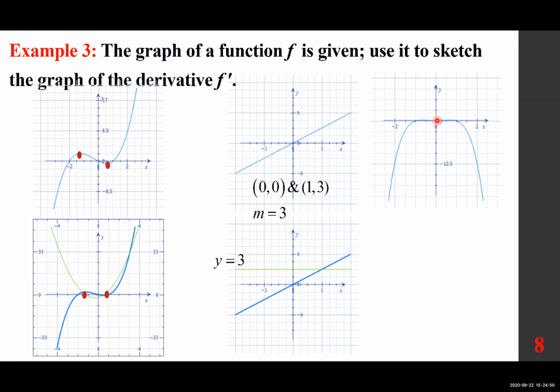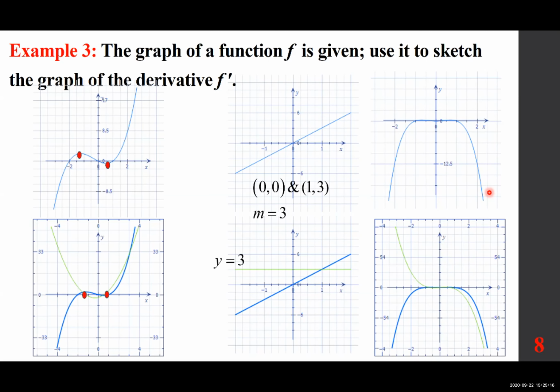So you have a horizontal tangent line here, which corresponds to 0. This portion is what? Increasing, right, class? That means f prime is positive. That means above the x-axis. This is decreasing. That means f prime is negative. That means below the x-axis. So it looks something like that. So the green one is the answer. And that's a rough sketch. I hope everybody is comfortable with that, okay?